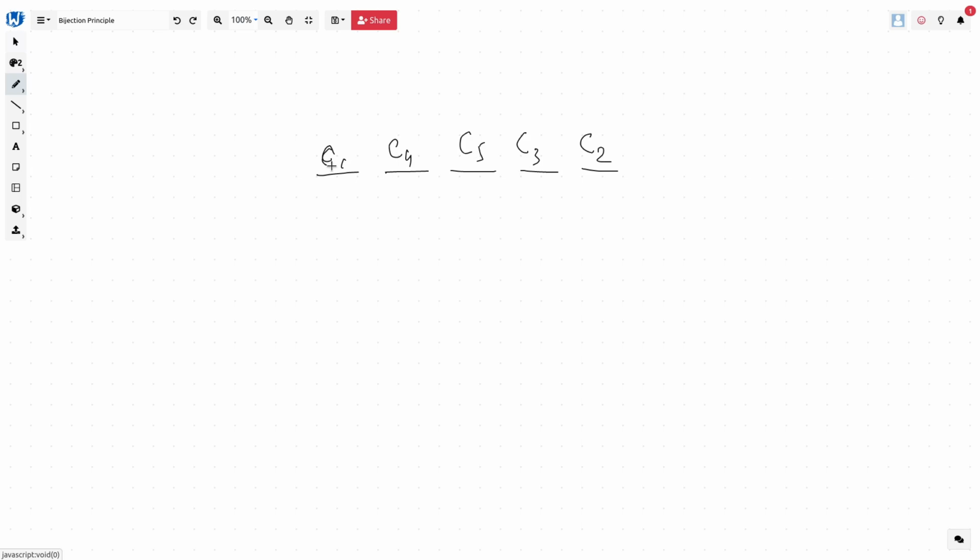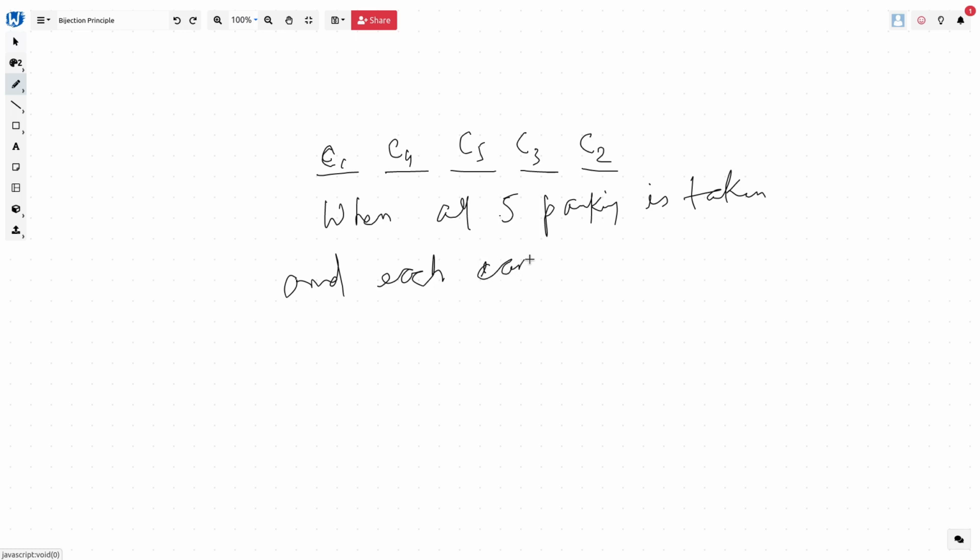So we say that the parking lot is full when all 5 parkings are taken and each car is parked in a parking space among the 5 parking spaces, right?